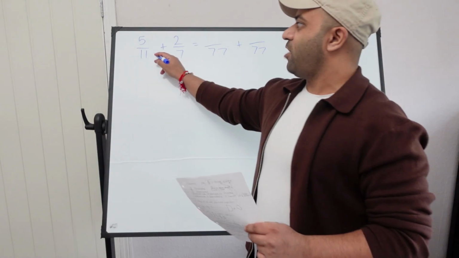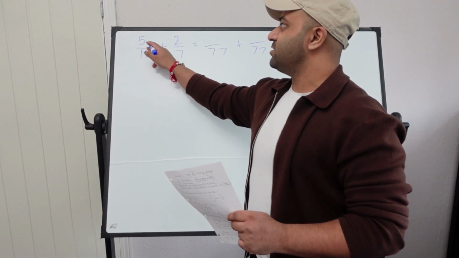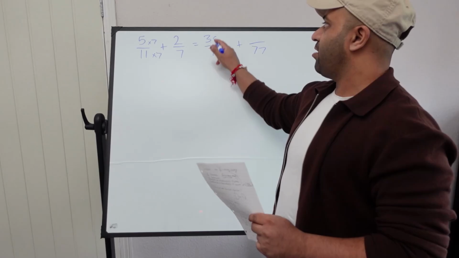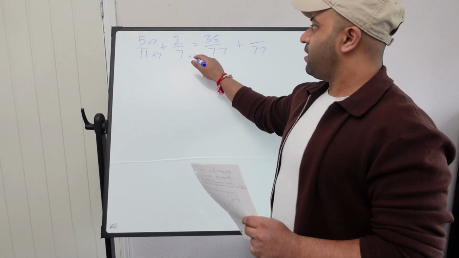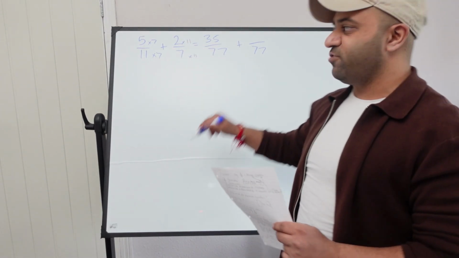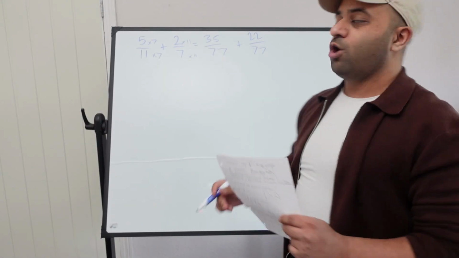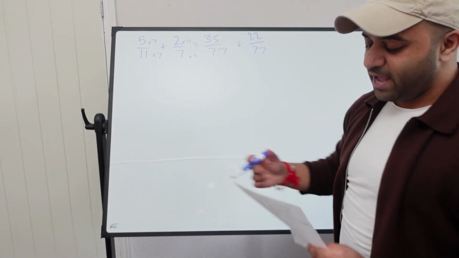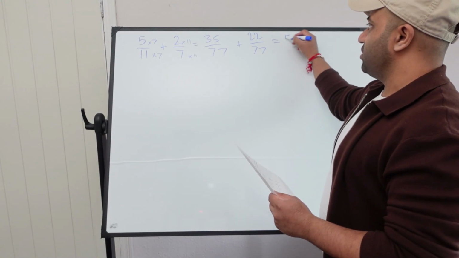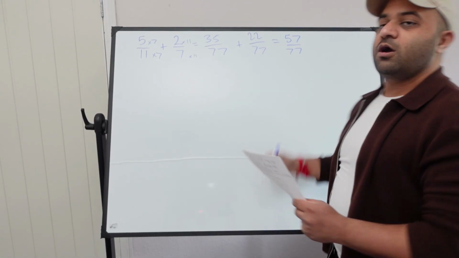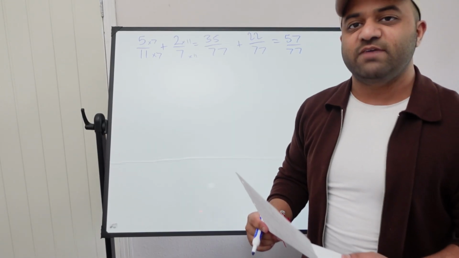So we can rewrite the 5/11 as 35 over 77, and the 2 over 7 is now 22 over 77, which we can then add together to give our final result of 57 over 77.